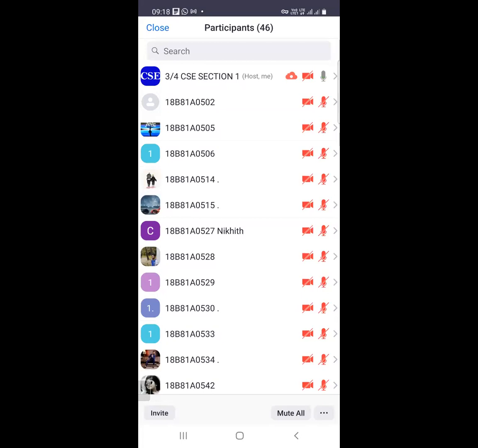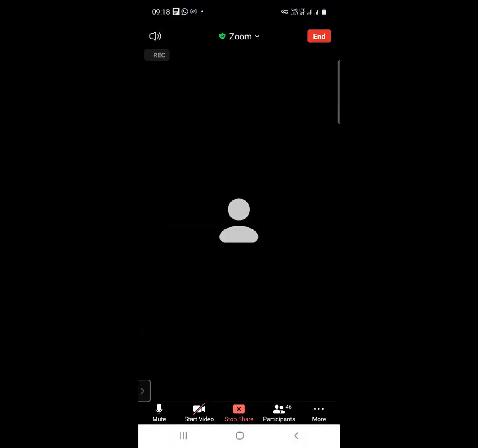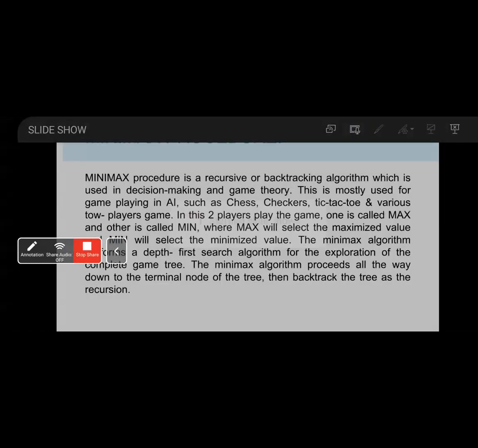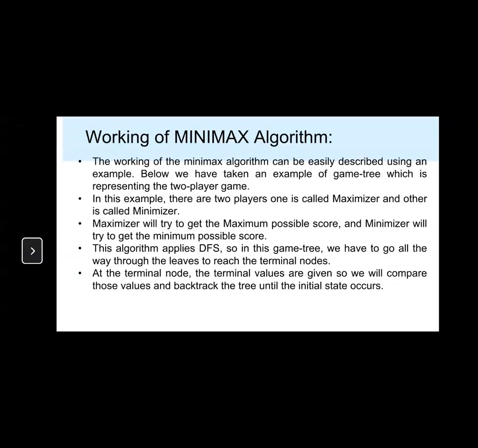Already explained last class. Once again, I will repeat the working of the min-max algorithm.